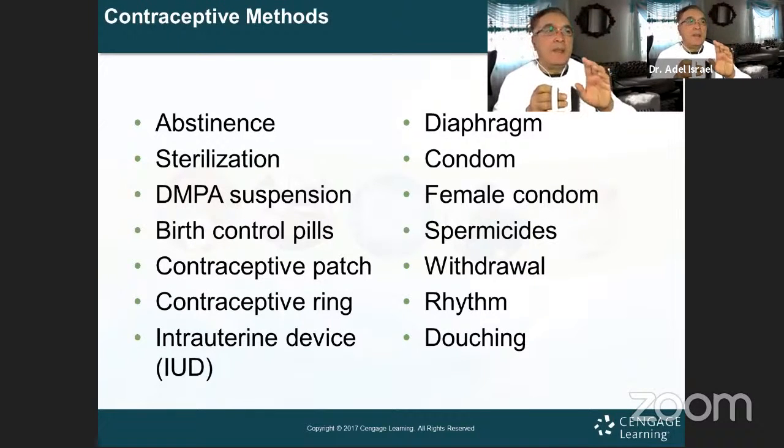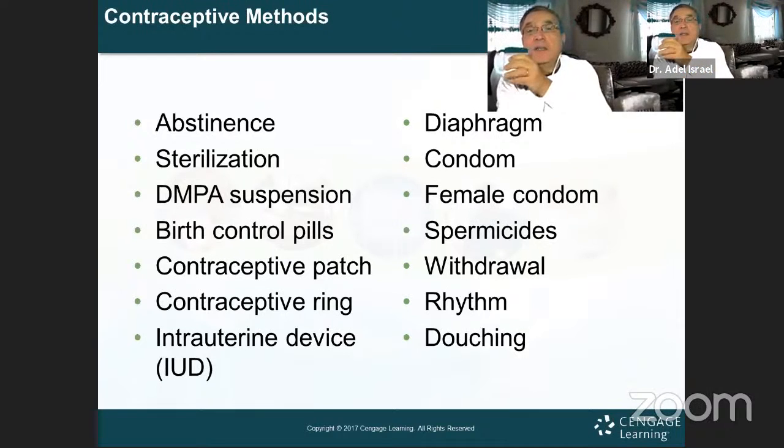But none of this is 100% guaranteed, except if we use the birth control pills or the intrauterine device or the hormonal implant, like we insert here in the back of the elbow. We insert something that releases a certain hormone, and you know about this much.